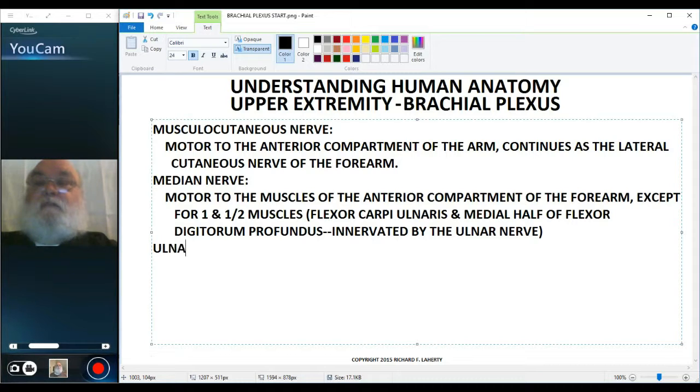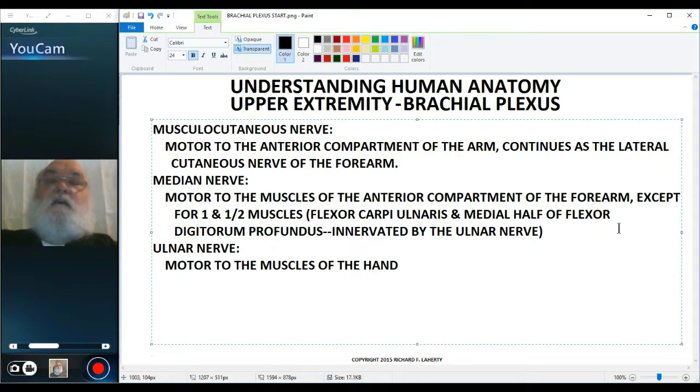The ulnar nerve. The ulnar nerve is motor to the muscles of the hand. Except for 1 and 1/2 muscles.